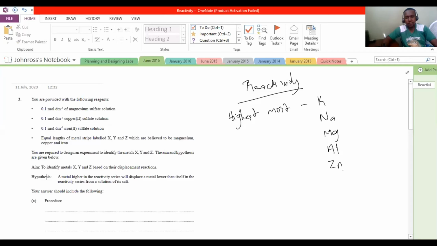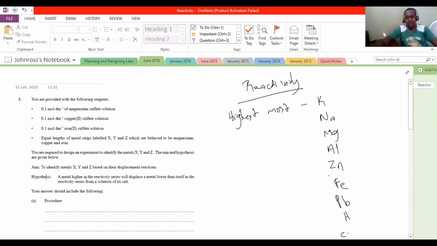Iron, which is Fe. Lead, which is Pb. Hydrogen. Copper. All right, so we can stop here, because now we have all three metals that the problem is based on.